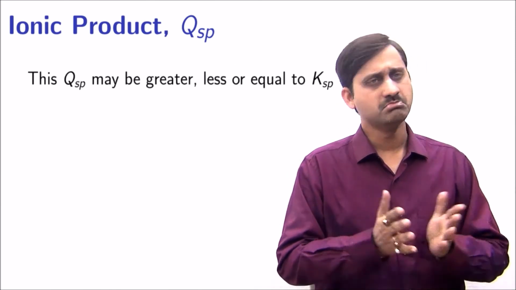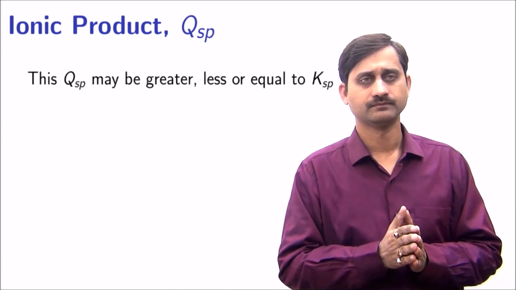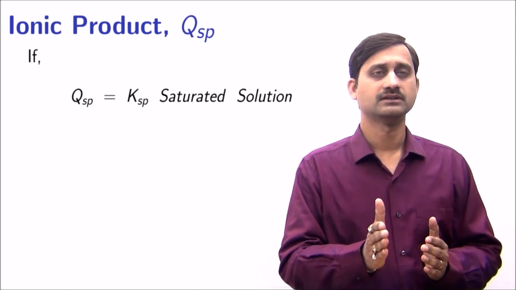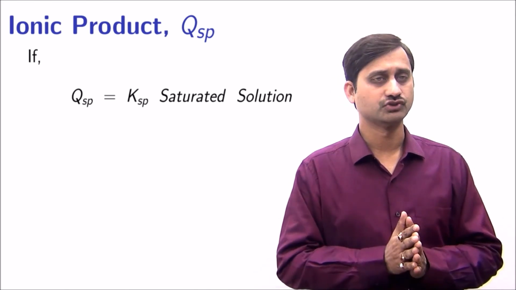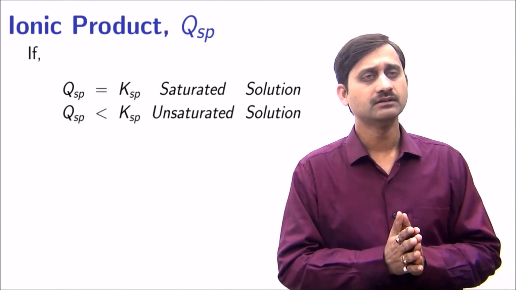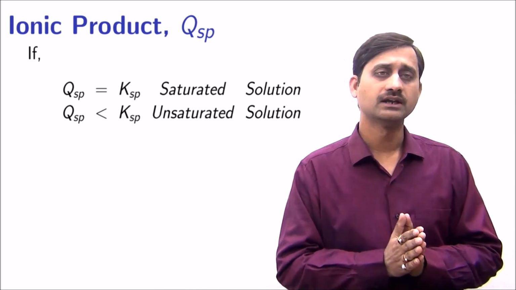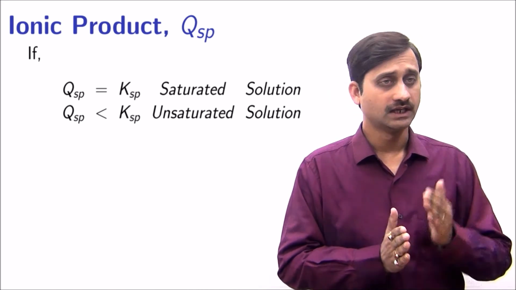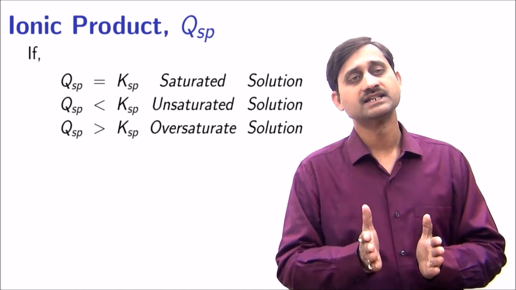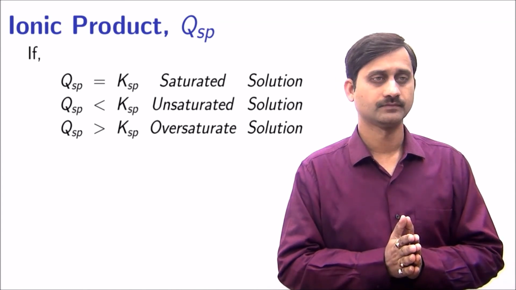This Qsp may be greater, less, or equal to Ksp. If Qsp is equal to Ksp, it means it's a saturated solution. If Qsp is less than Ksp, it means unsaturated solution and more of the salt can be dissolved. If Qsp is greater than Ksp, it is forming an oversaturated solution.